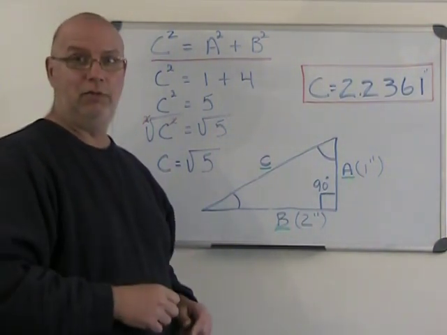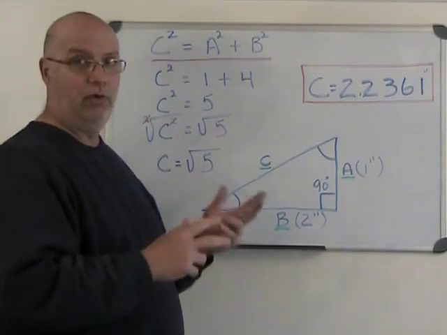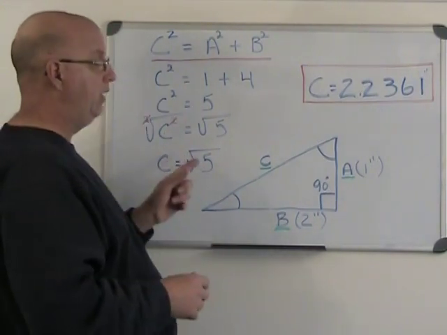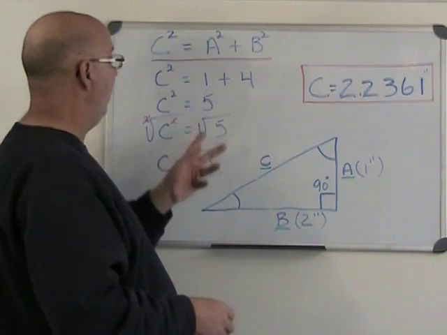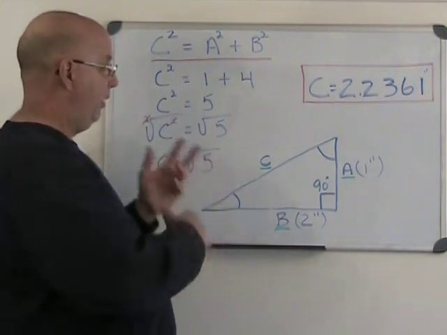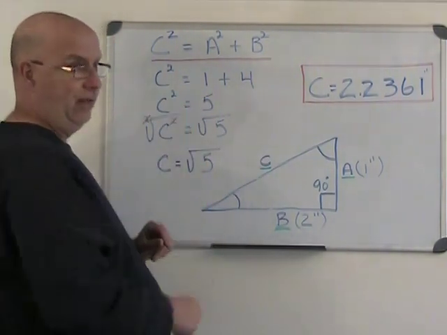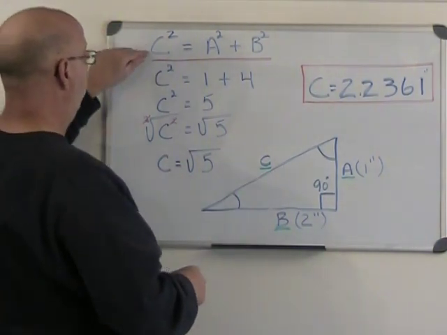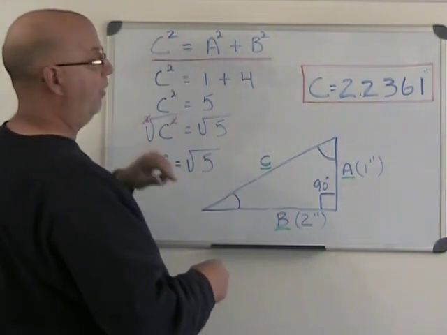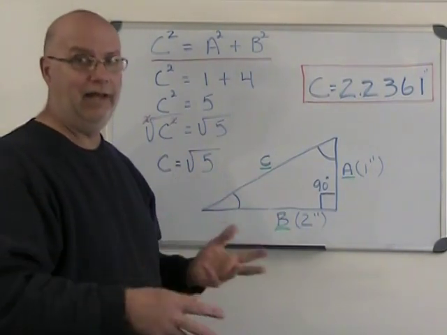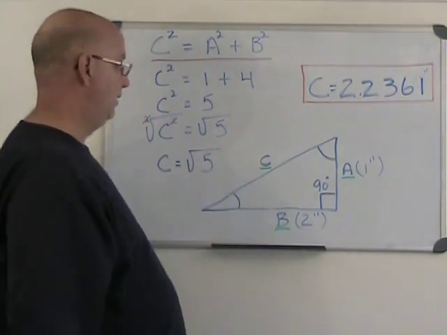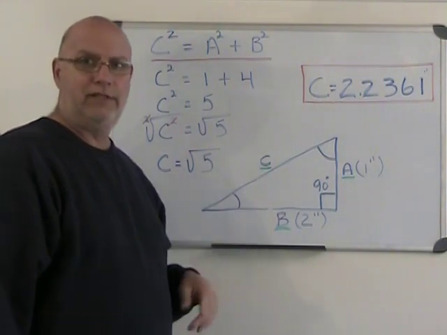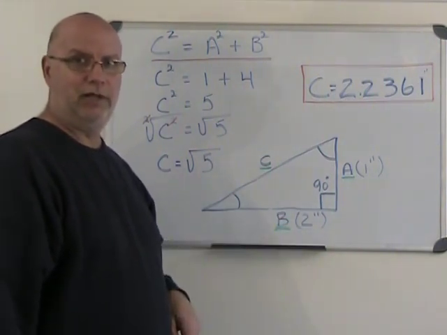That can get you out of trouble sometimes when you're looking for one side. Now, we resolved for C, but we could have resolved for A or for B. It doesn't matter which side as long as you keep it in that order. So if I'd known C, I would have put the number for C and not the number for A, and then isolated the A, as we did in the first example. So the Pythagorean theorem can get you out of trouble sometimes.